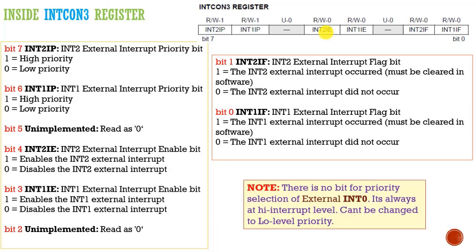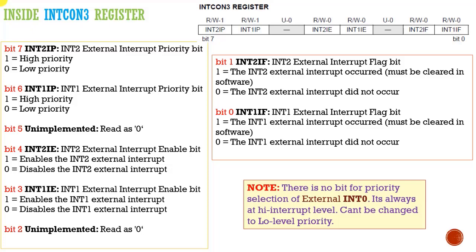One thing you should remember is that there's no priority bit for external INT0. That means it's always at high priority. For the other pins, you can see INT2IP and INT1IP, where you can set it at high priority or low priority. If INT2IP is equal to 0 and your IPEN is also equal to 0, then it makes no difference whether INT2IP is 1 or 0.